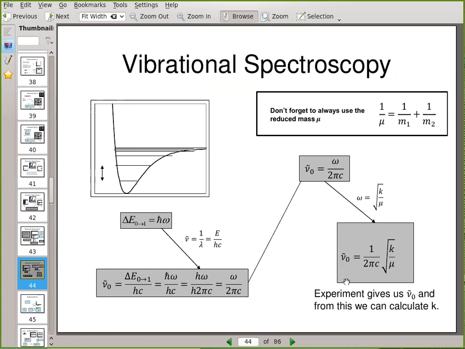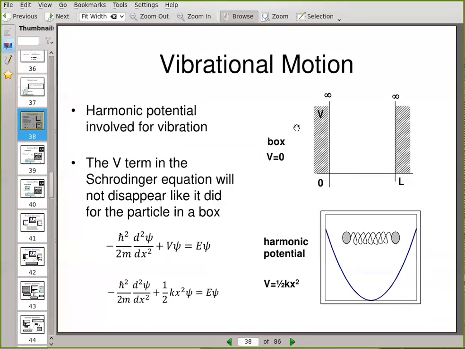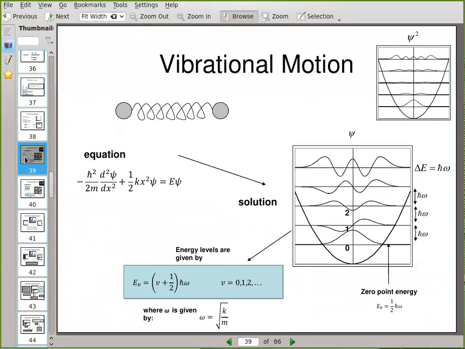Okay, so can I just summarize where we've come through in this lecture? We've gone from a case where the potential is naught to where we've got a harmonic potential, we've got a spring in action, and that changes the Schrodinger wave equation from having a naught, which is really nice, to a more complicated expression. I'm not going through the solution of it, but when you find the wave functions and the eigenfunctions, you find that the energy levels are equally spaced.